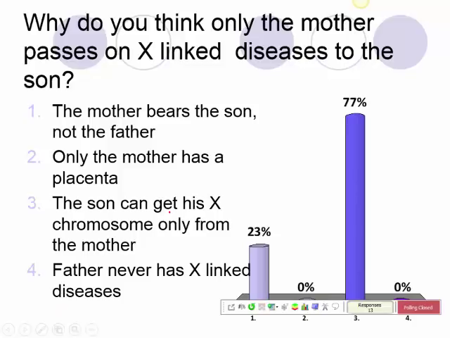The son only gets his X chromosome from the mother. The father has X and Y, and a boy is XY. The Y has to come from the father. The mother can only give X chromosomes. So the son gets his X chromosome only from the mother. That's the reason why X-linked diseases are passed on to the son from the mother.